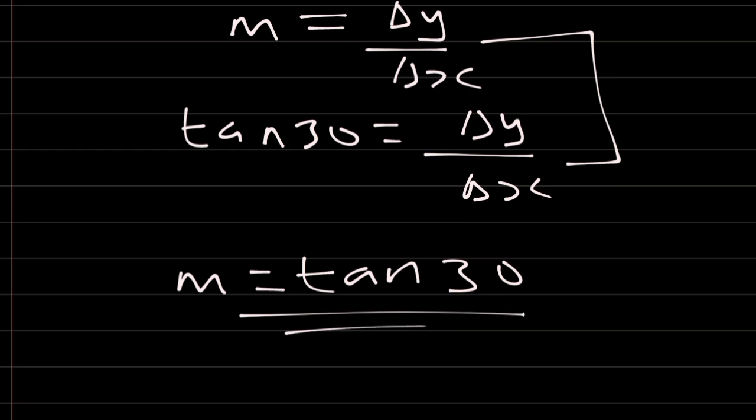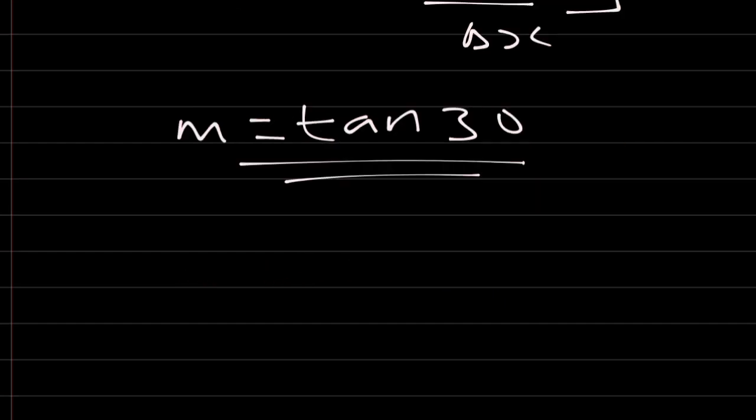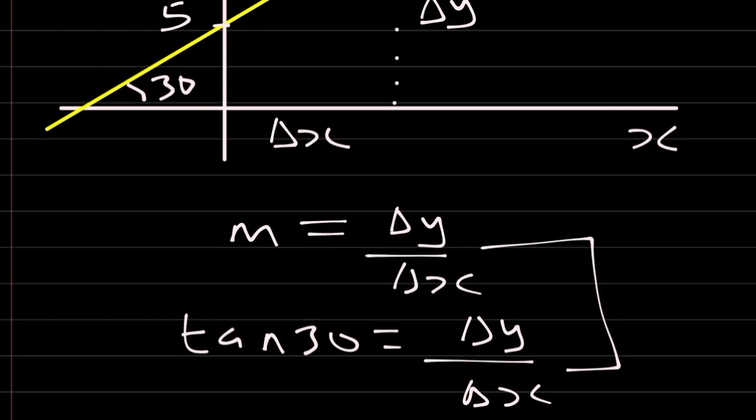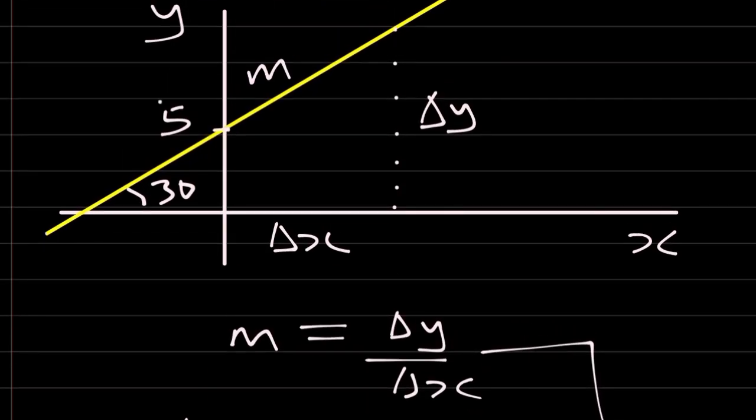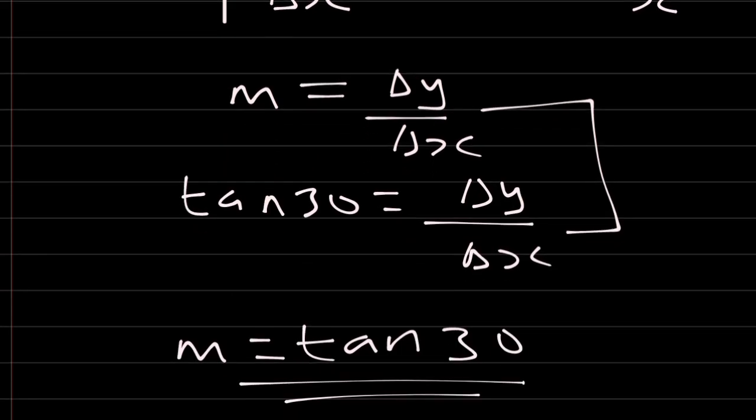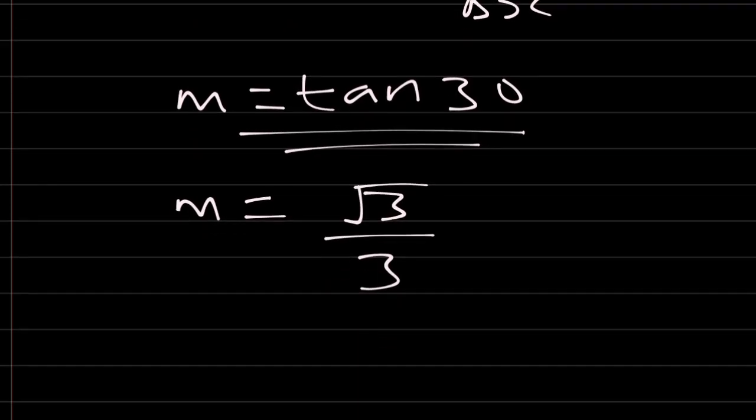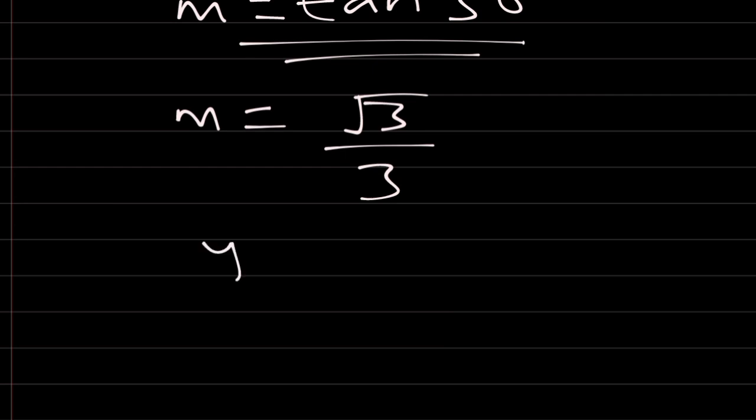Take note of that. If the slope is tan 30, what will now be the actual value of the slope? Tan 30 is the same thing as root 3 over 3. The question says that the line cuts the y-axis at y is equal to 5. We can use the general equation y is equal to mx plus c.